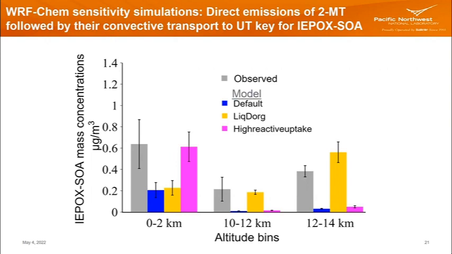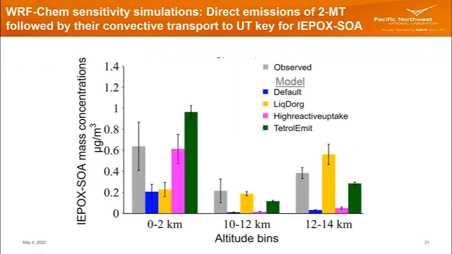So you can increase it near the surface, as you can see in the magenta line, but in the upper troposphere, you again have at least an order of magnitude difference. So just by increasing the reactive uptake coefficient, you increase what forms near the surface, but you cannot increase it in the upper troposphere because of strong diffusion limitations and also because of the absence of particle liquid water.